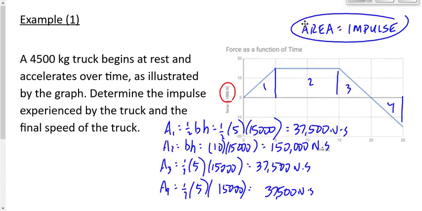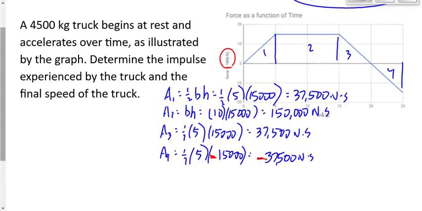Is that right? We haven't combined anything yet, but are those not the right numbers? What's wrong? Jamie, what's wrong? Yeah, the last one should be negative, right? The height of that is below the x-axis, so we're going to make that negative 15,000. That makes this one negative 37,500. Area above the x-axis is positive. Area below the x-axis is negative.